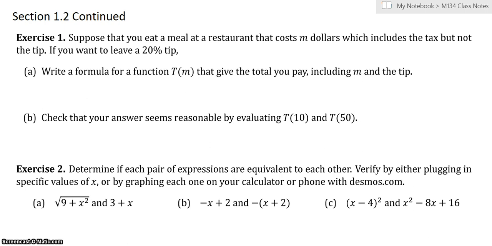Can you write a formula for a function, t of m, that gives you the total you pay, including m and the tip? Don't forget that t of m gives you the total, and m is the cost of the meal.